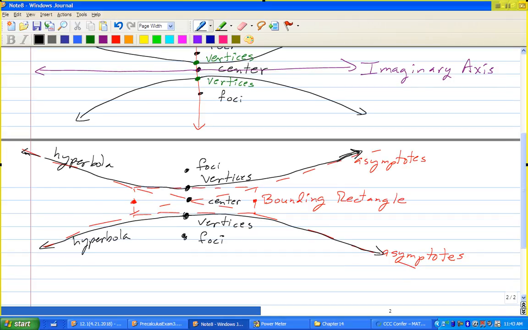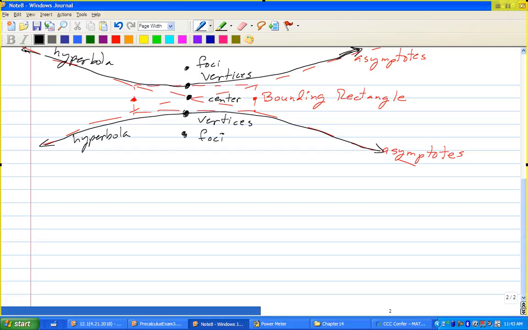Okay, so let's try to find the equation of a hyperbola with center at the origin.